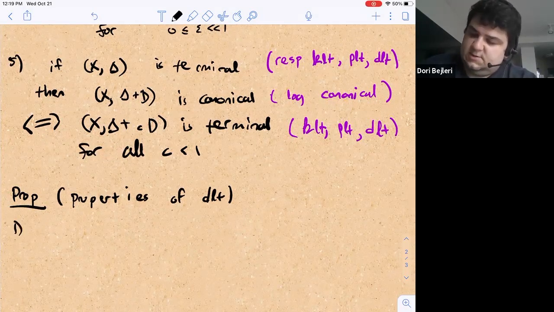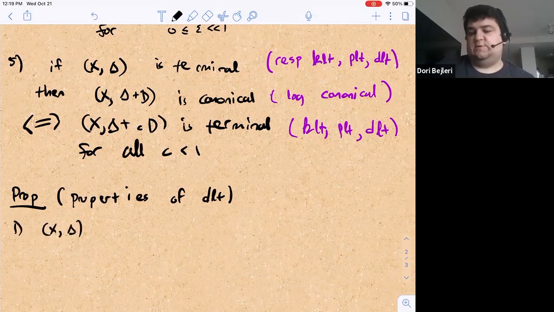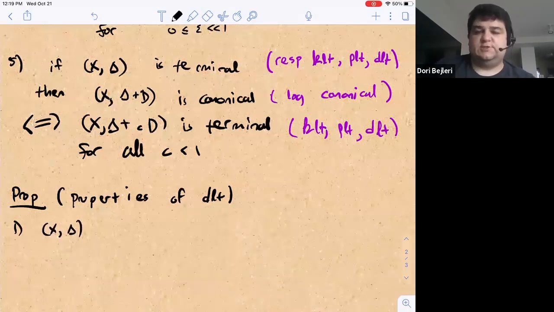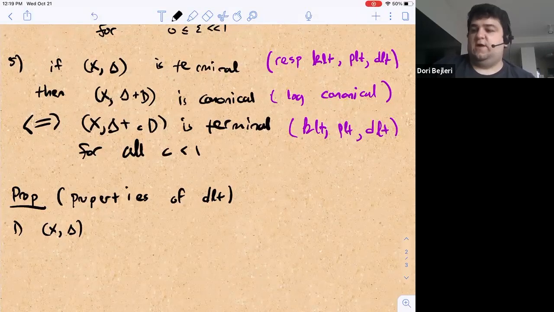So the first one, analogous to the other ones where we showed that you only need to check one resolution to check any of the other properties, the same is true for DLT.